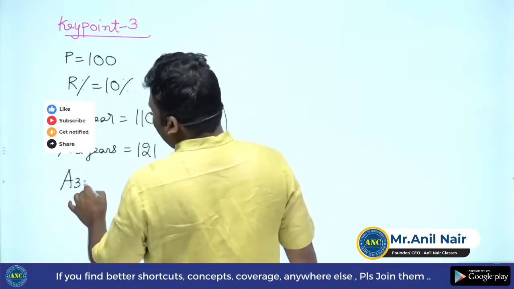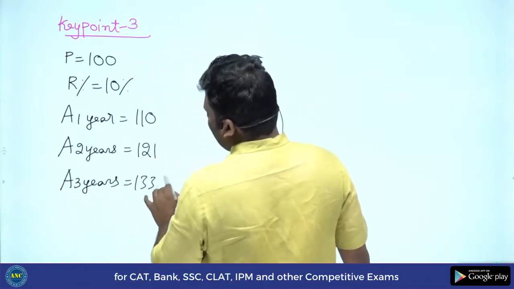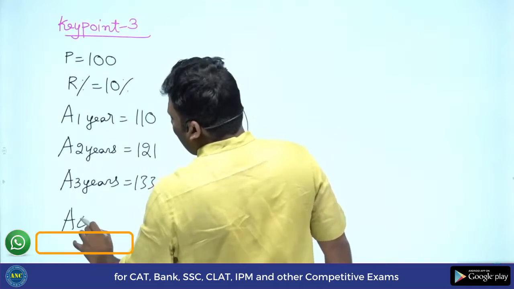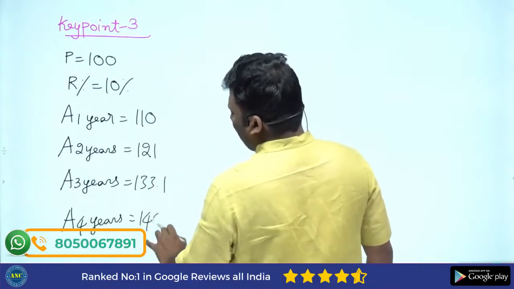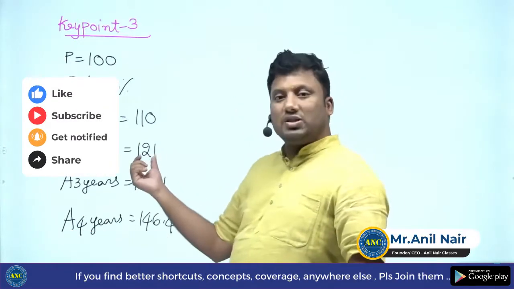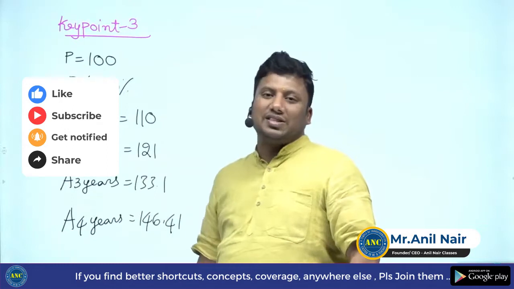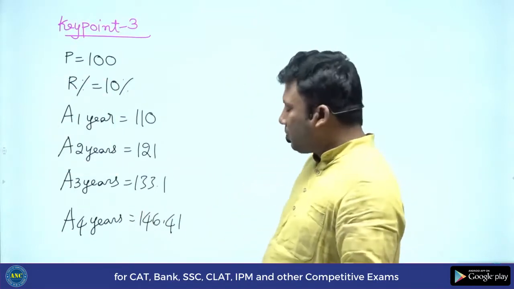Amount at the end of 3 years is 133.1. Amount at the end of 4 years is 146.41. So 110, 121, 133.1, and 146.41.